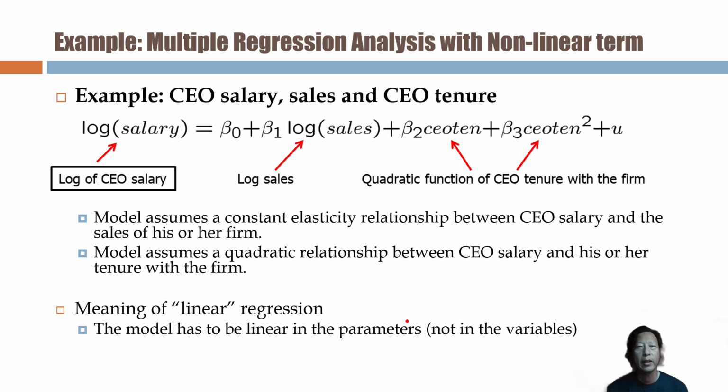And of course we can handle log also. Depending on the problem, you can apply the log to the independent variable or the dependent variable. This is the independent variable; you can apply log. When the computer calculates beta 0, beta 1, beta 2, it doesn't care whether it's a log or not.